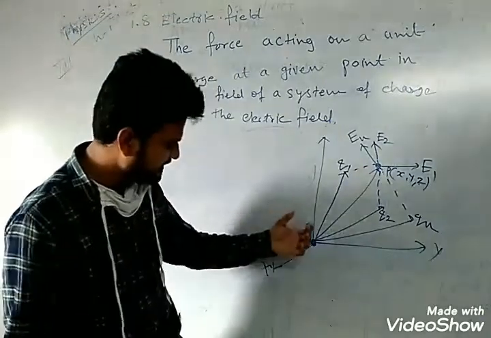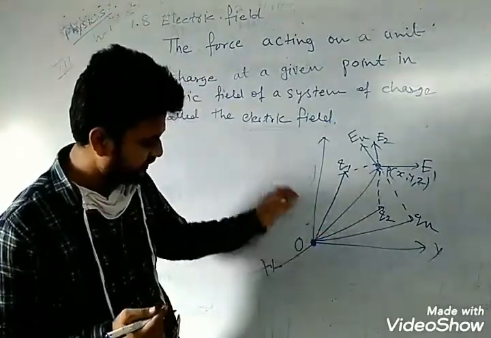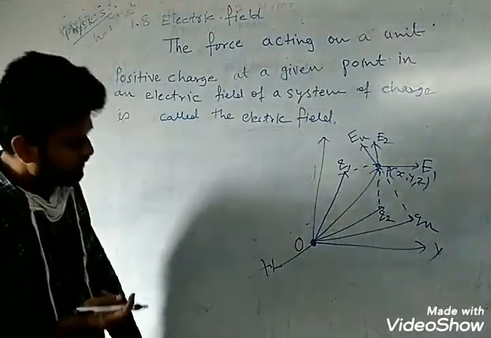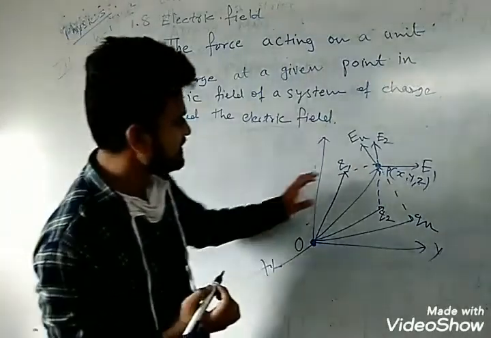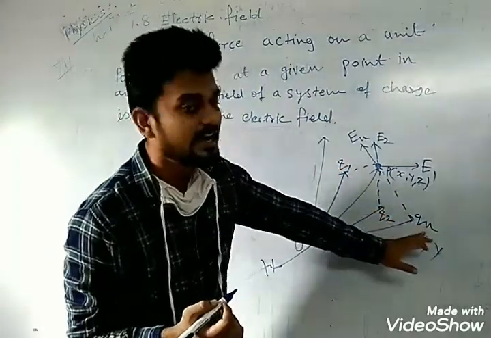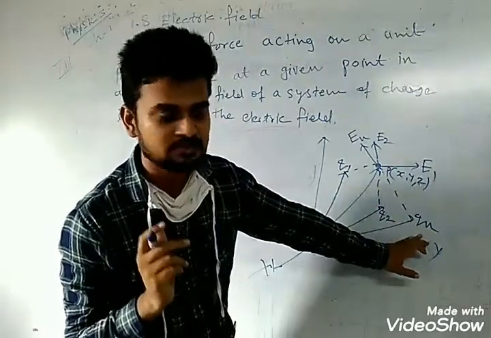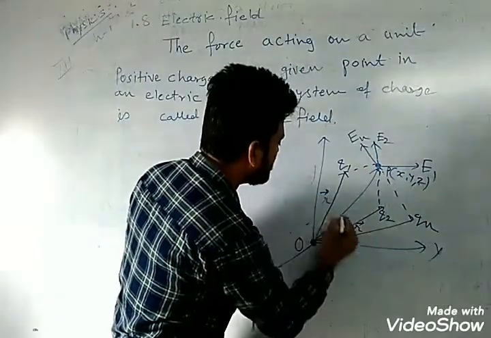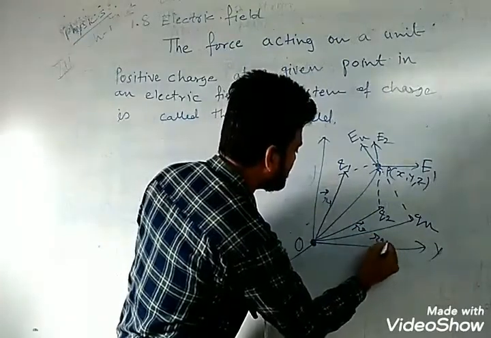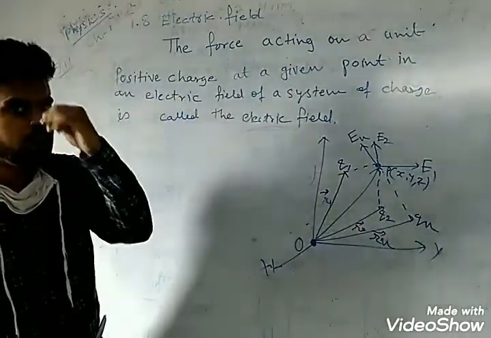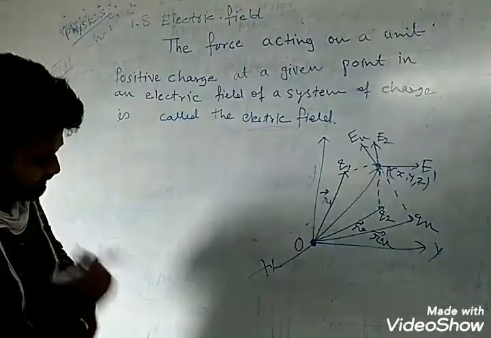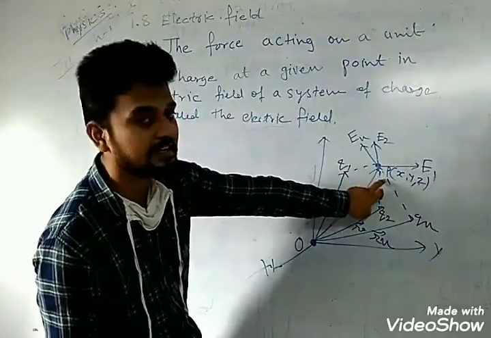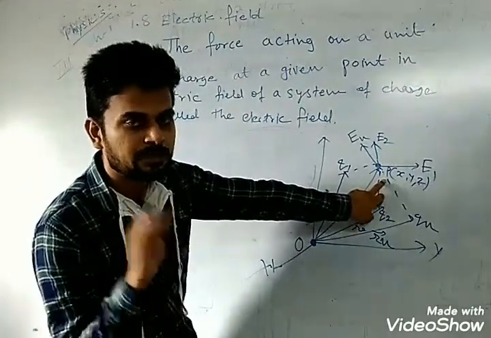Consider the system of charges Q1, Q2 up to Qn, a number of charges, with position vectors R1, R2 up to Rn. In this case, we get the electric field at point P.